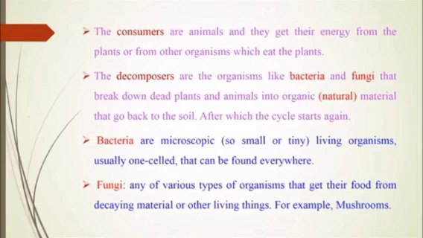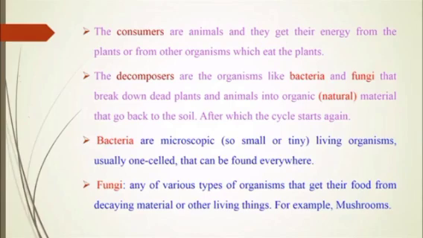Organic means natural material that goes back to the soil, after which the cycle starts again. Here, bacteria are microscopic living organisms, usually one-celled, that can be found everywhere. Here, microscopic means so small or tiny living organisms.